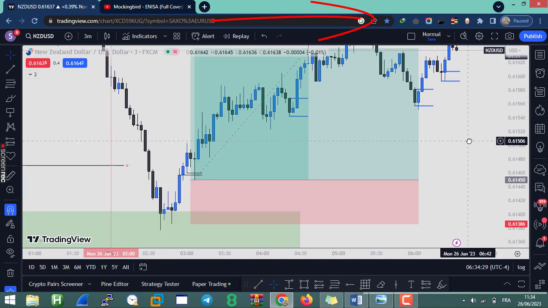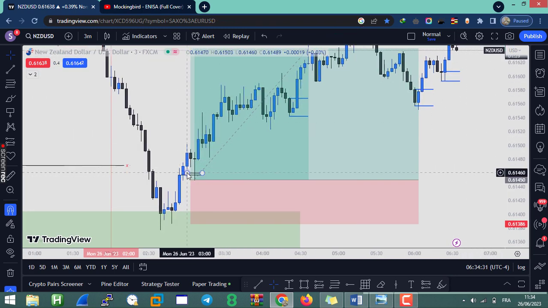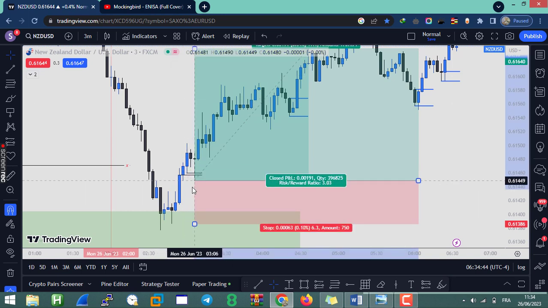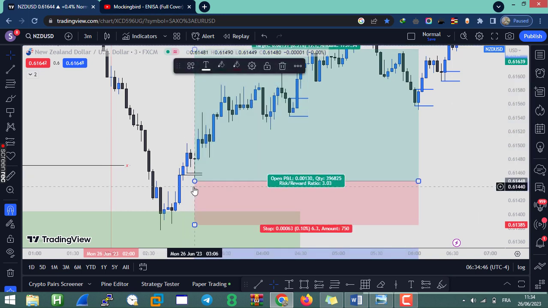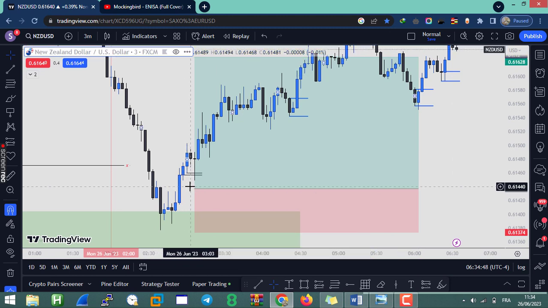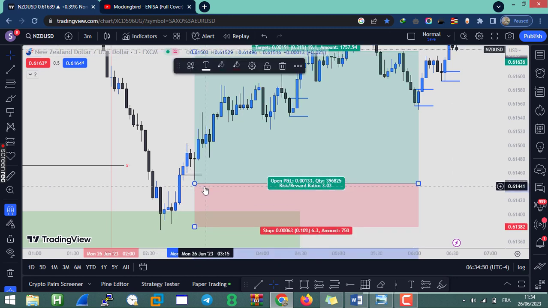When we have this formation, which is a balanced price range, don't expect the price to reach for that fair value gap. Maybe some of you waited for this fair value gap, thinking the entry was here, and it never got filled. The reason is this balanced price range.